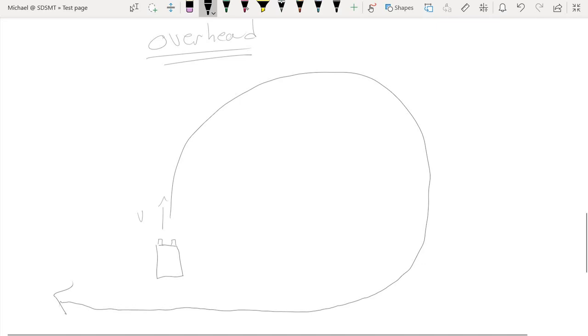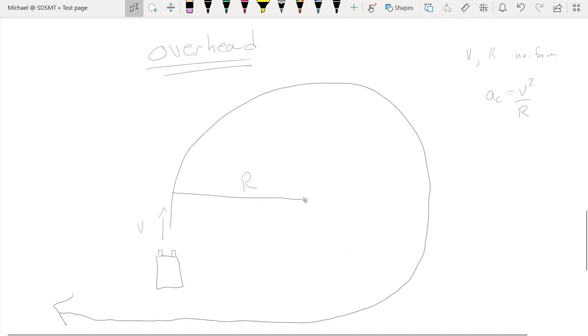But as you take this exit, you're traveling through this circular path of radius R, and we'll go ahead and maintain that the velocity and the radius are uniform so that we can use our centripetal motion expression. And, well, how is it that you're actually able to travel through that circle?